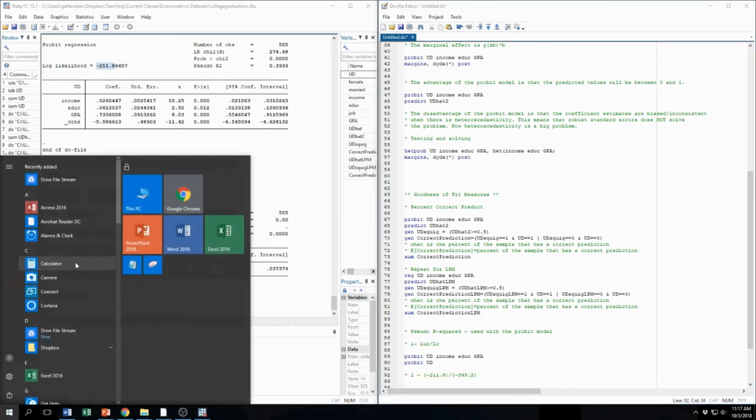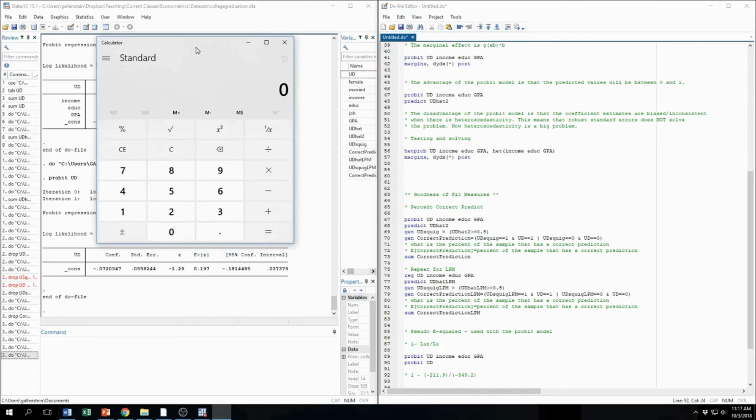Let's get the calculator out. 211.9 divided by 349.2 is 0.607. And then it's 1 minus that. 1 minus 0.607 equals 0.393. So now let's check that.